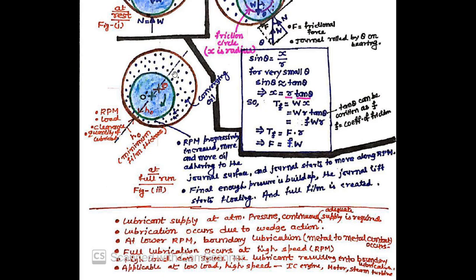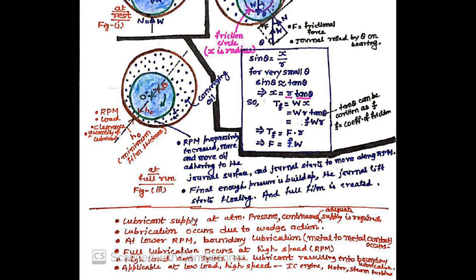If lubricant is not present in sufficient quantity, then the pressure does not generate and the journal does not float, and full lubrication is not achieved. So continuous and adequate supply is required in the case of hydrodynamic lubrication.